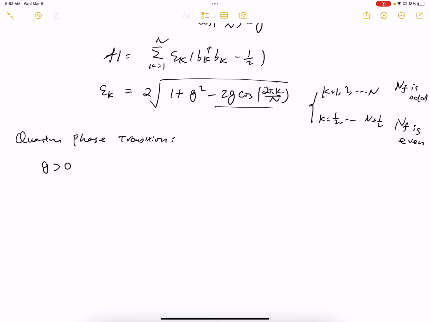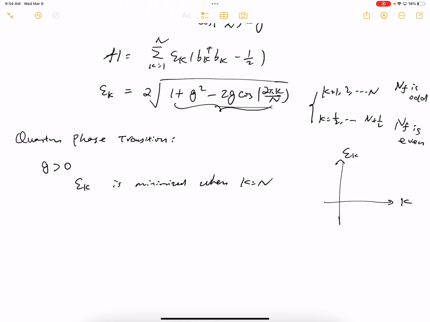Let's first look at the expression of epsilon_k. The first thing we notice is that this is minimized when k is equal to n. In order to minimize epsilon_k, we're trying to find the bottom of this band structure. You can plot epsilon_k as a function of k. k still stands for momentum, the lattice momentum we talked about before.